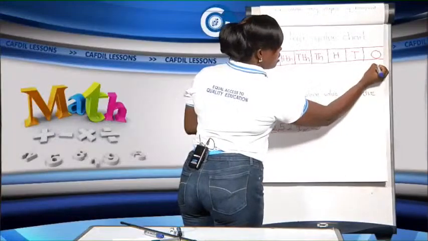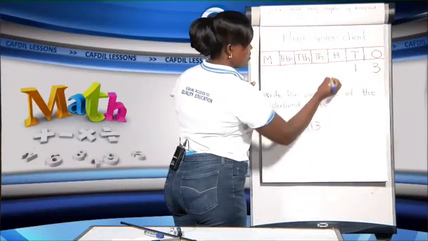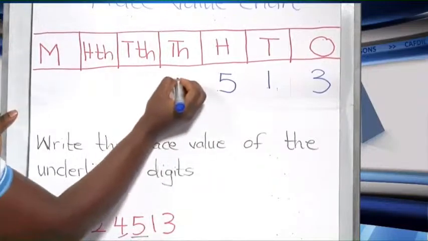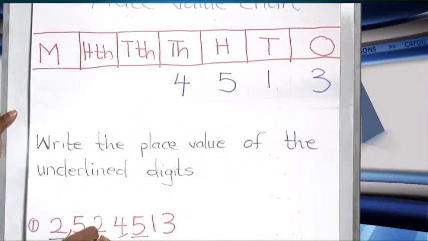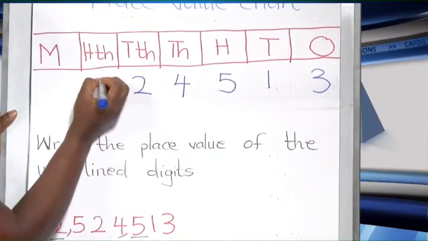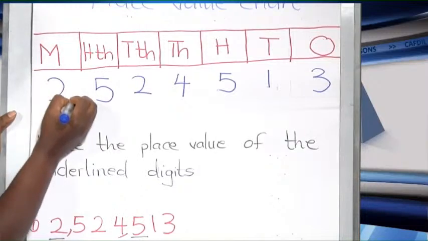So we have 3, 1, 5, 4, 2, 5, and then 2.